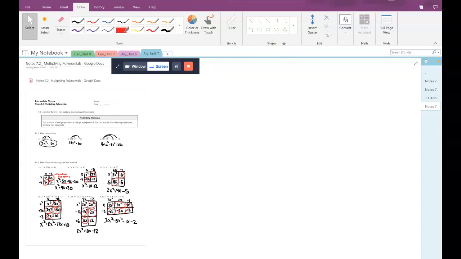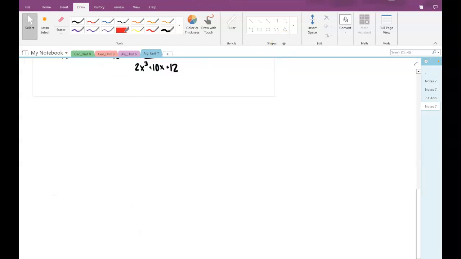So instructions for the homework, there's just two small things. For number 6 on the homework, it's going to ask you to find the area. To find the area of a rectangle, you take the length times the width. So you could use the box method if your length is given to you as a polynomial and your width is given to you as a polynomial too.